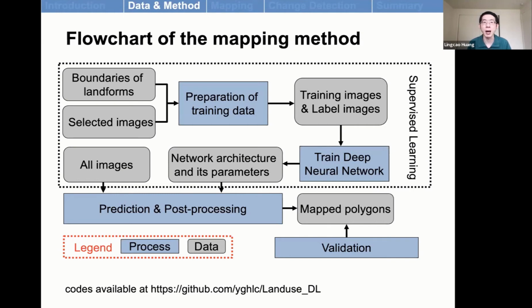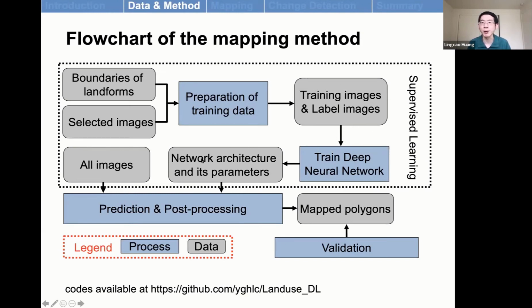This is the flow chart of my mapping algorithm. For a certain region, we may have maybe 10 or 100 landforms, and in the beginning we know their boundaries. We consider this as training data, and put it into this pipeline together with the images covering the same area. Then we can train the network.